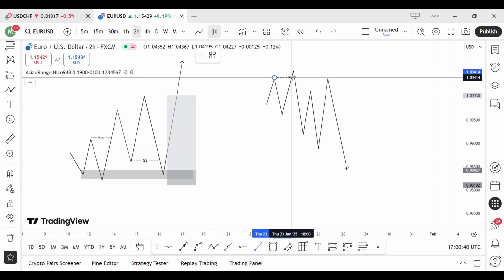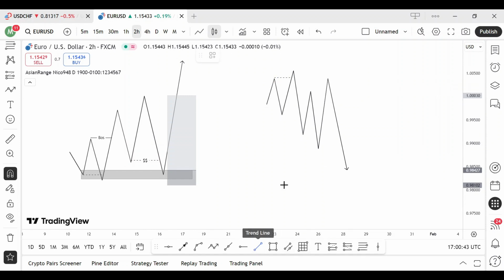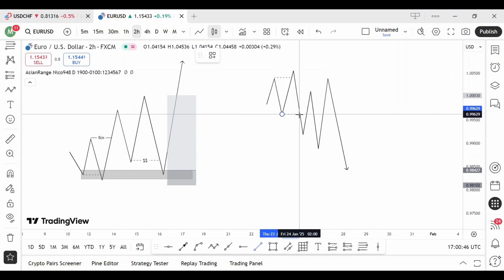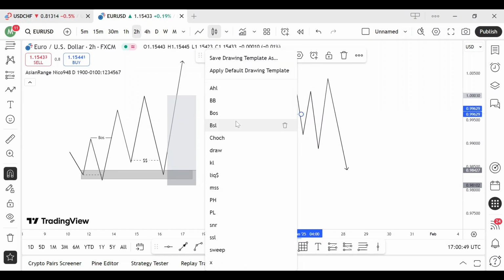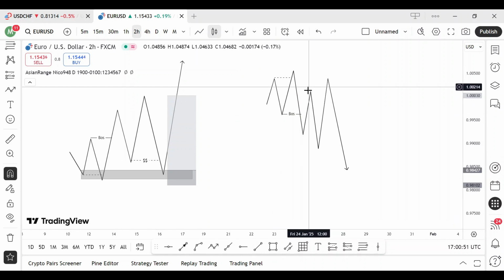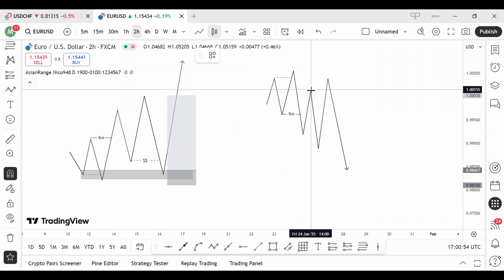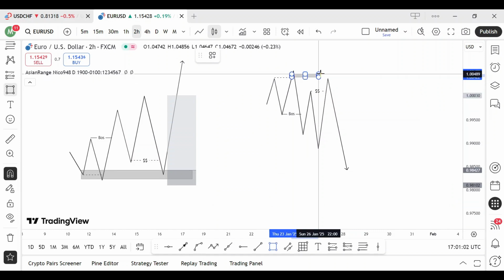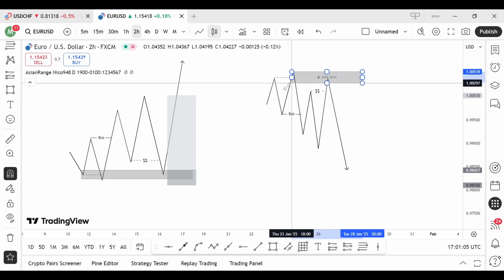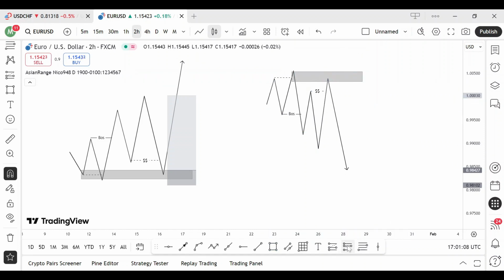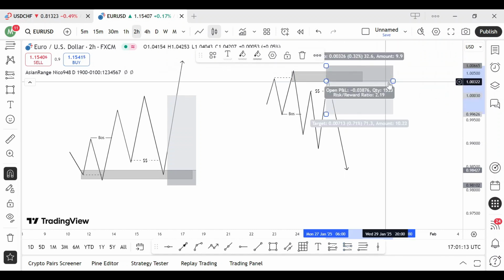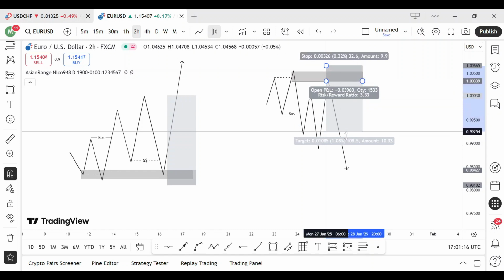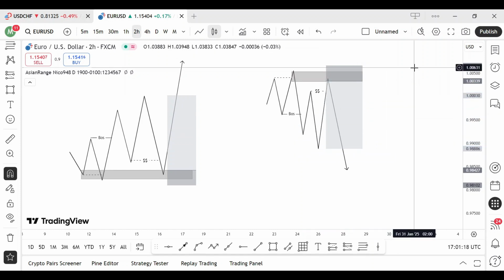Our sweep of liquidity, our break of structure, our liquidity zone, then our supply zone. So we set our limit order and target the next high.